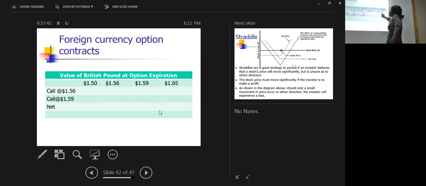So let's do 165. This would be in the money. How much would be the value here? 165, what would be the value here? 1 cent? 160. You take into consideration minus the 0.08, so 0.01.